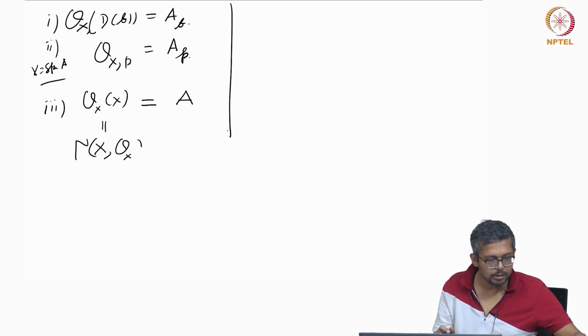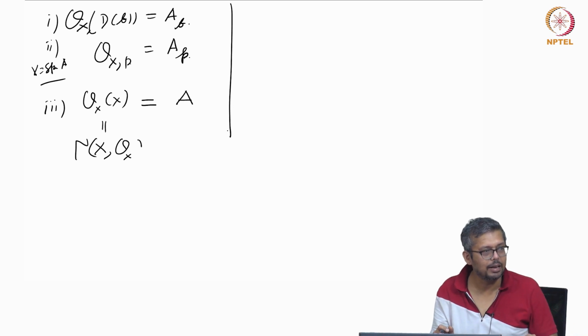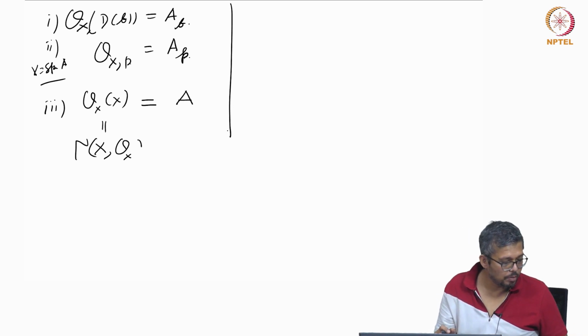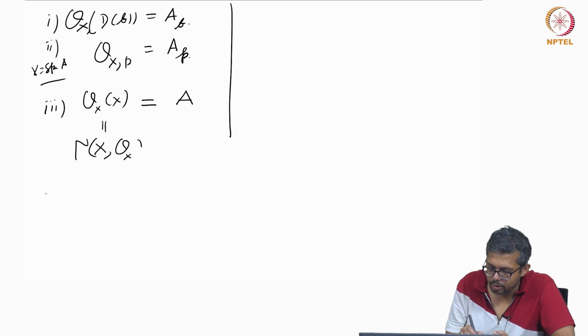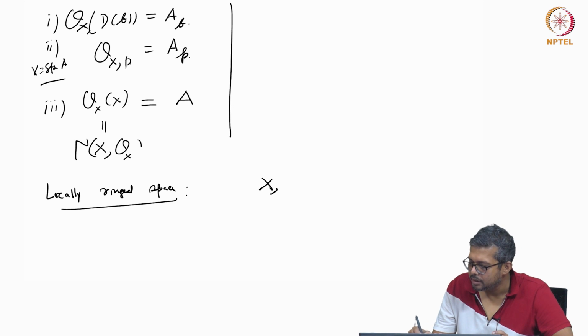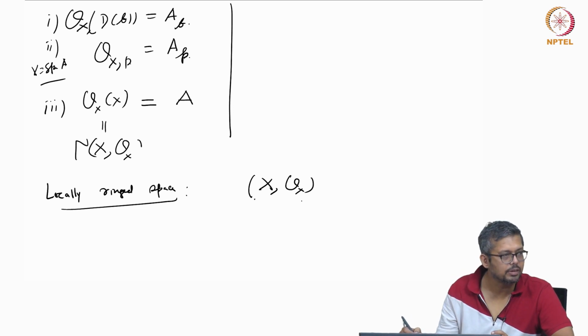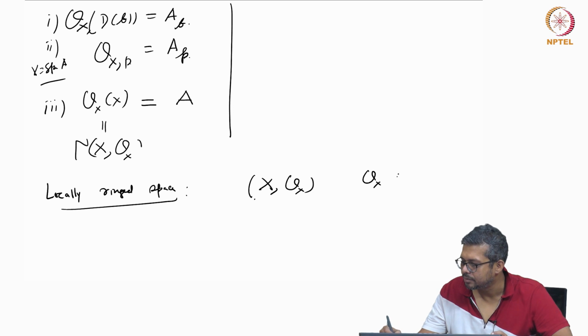And then I just want to define what is called a scheme in general. So I need to define what are called locally ringed spaces. First of all, a ringed space is a topological space X with some sheaf OX, a sheaf of rings.